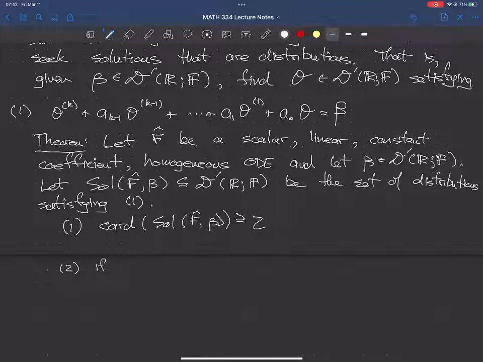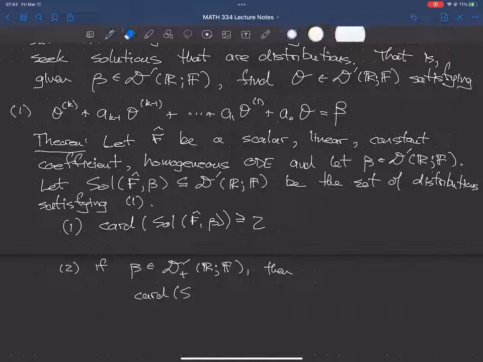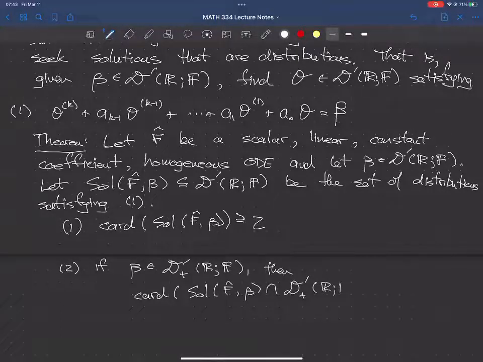Now, if beta is a distribution whose support is bounded on the left, then there is a unique solution whose support is bounded on the left, so the cardinality of the set of such solutions is equal to 1.